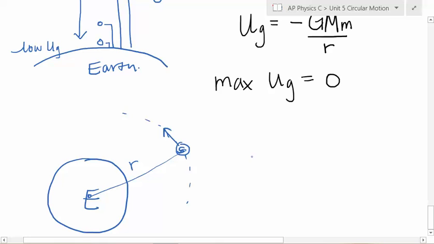So it would have gravitational potential energy. But what else would it have? Because it's moving around the Earth. It does have inertia, but it has kinetic energy because it's moving. So the total energy of the satellite would be the kinetic energy of the satellite plus its gravitational potential energy.